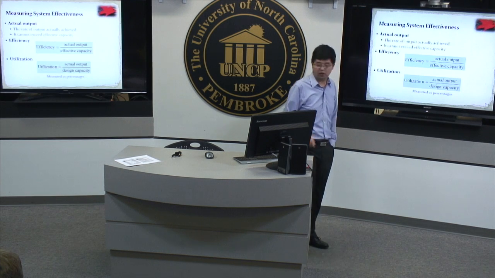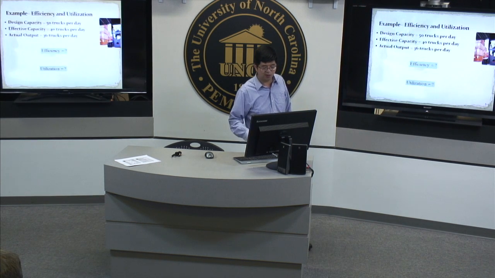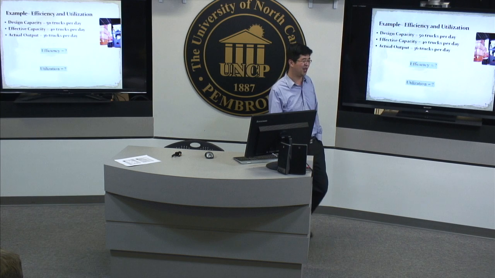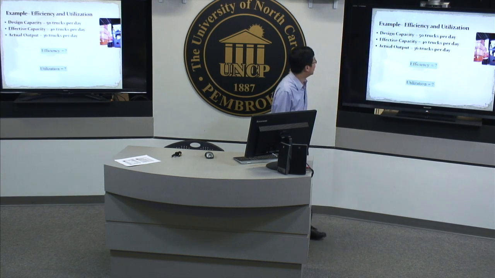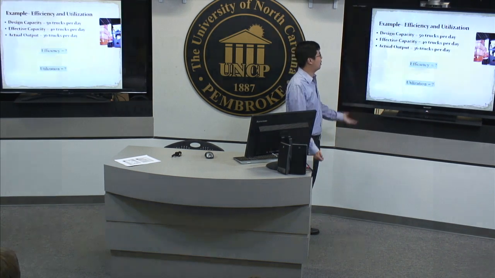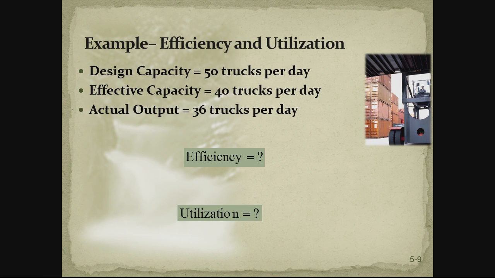Let's have the simplest example in this class. I don't think any other example in this class can be simpler than this one. Let's talk about transportation capacity. The design capacity is 50 trucks per day. We can have 50 trucks if we send all the drivers to work.